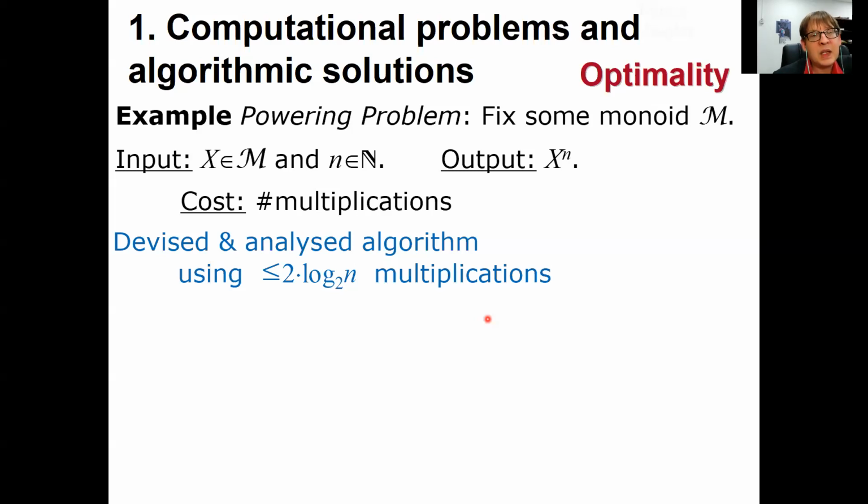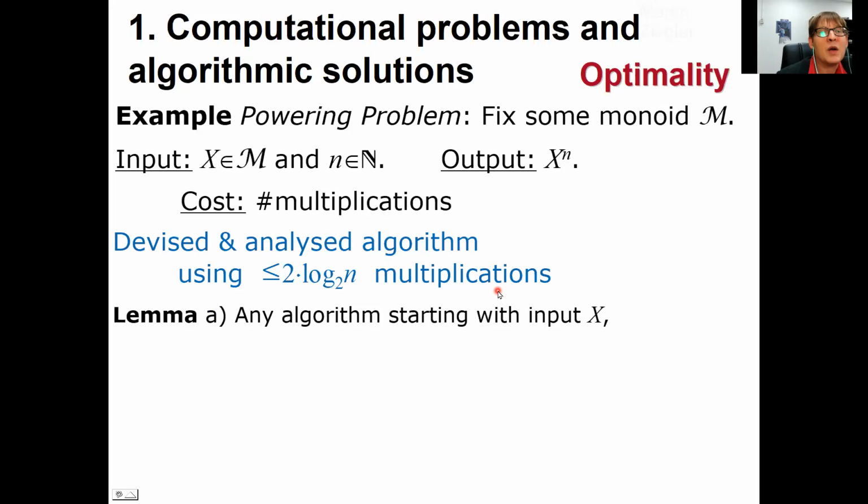Okay, so we have designed and analyzed an algorithm that uses at most 2 times log n multiplications, and now we're going to state a lemma with several very simple statements, but combining these statements yields our claim. So let's look at the first statement.